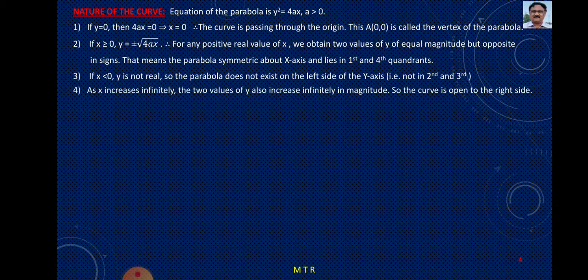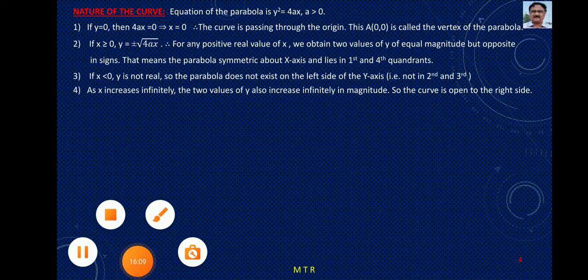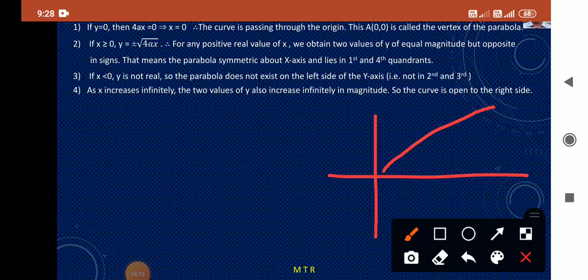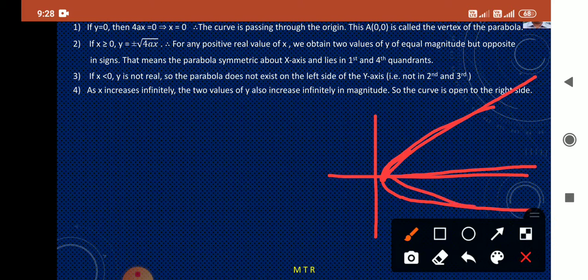If x increases infinitely, the two values of y also increase infinitely. Observe this x-axis and y-axis. We already drew the parabola like this. If x tends to plus infinity, y tends to plus infinity like this and minus infinity like this.